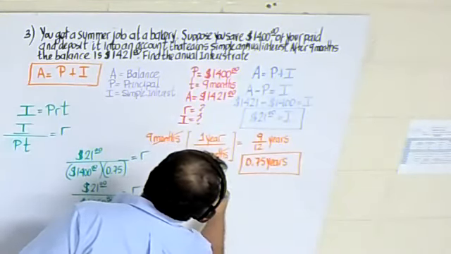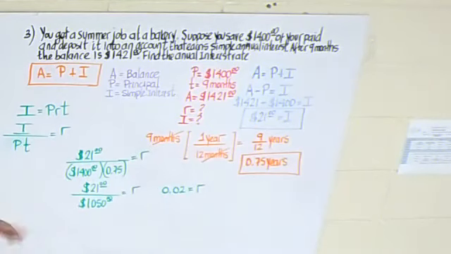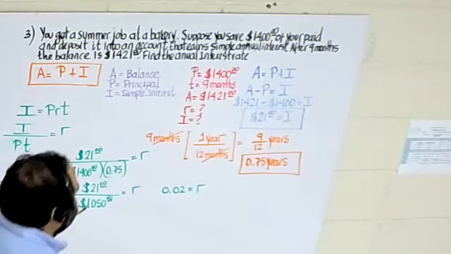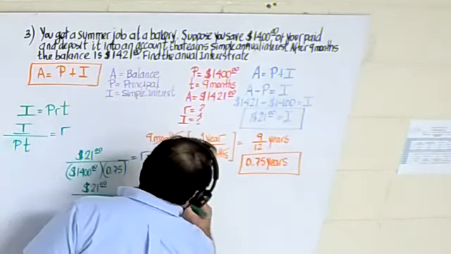0.02 equals R. But remember, this is the decimal value given for R, but because the R value represents a percentage, we must multiply the answer by 100, and that will give you 2. Exactly, perfectly. Well done, my dear student. You're right.